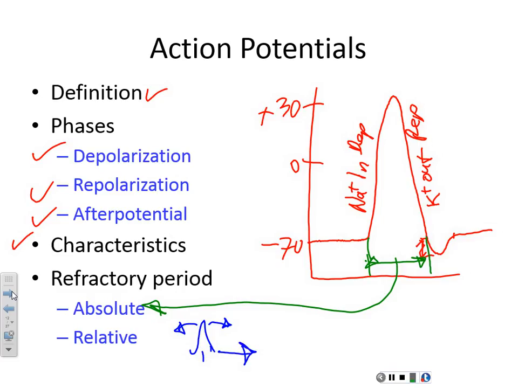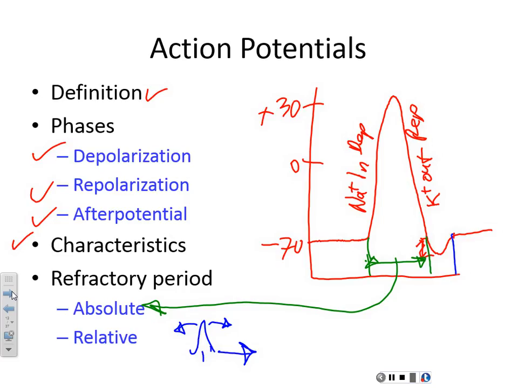Sometimes I might ask a bonus and say, what is responsible for ensuring that action potential is traveling in one direction? Then you talk about absolute refractory period, because at that point it will not respond to anything. And the part that is in relative refractory period, which is in front of the action potential, is what can be stimulated.